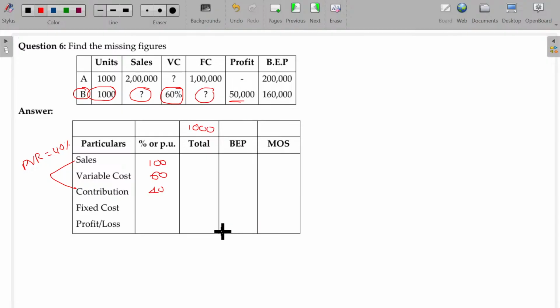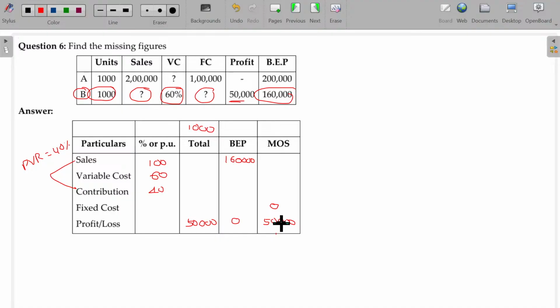Now, fixed cost also to be calculated. Profit being 50,000 rupees. The profit what you have here will be equal to the profit in MOS also. And BEP in this case being 1,60,000. At BEP level, you don't have the profit. At marginal safety, you don't have the fixed cost. Okay.